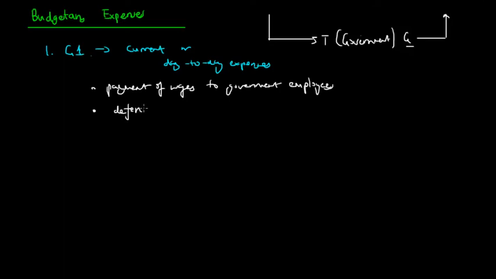Now secondly, we have defense spending. So as we know, defense is generally a public good because no private company wants to pay for defense. There is non-rivalrous competition for the service of defense, because if you defend a country or defend its borders, you're not just protecting yourself, but you're protecting everyone else.